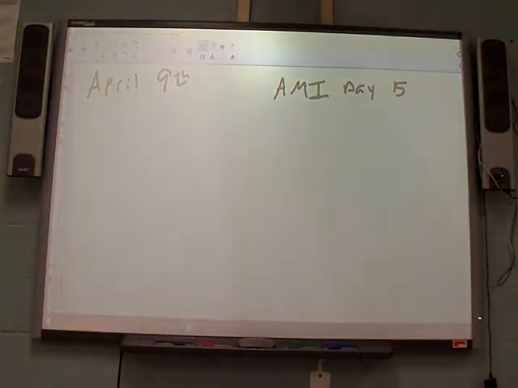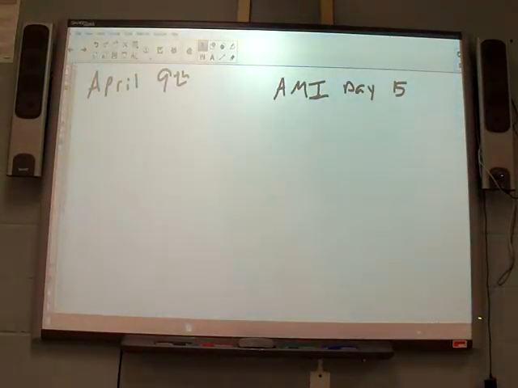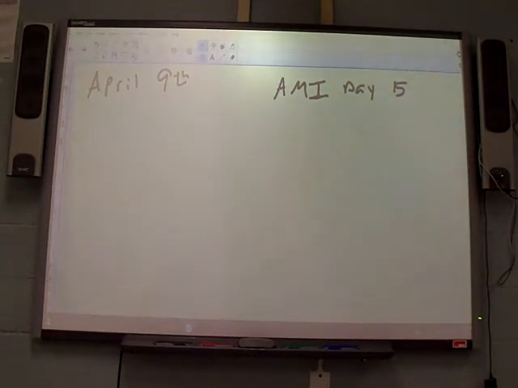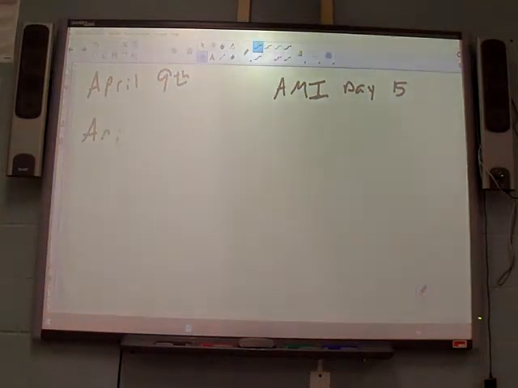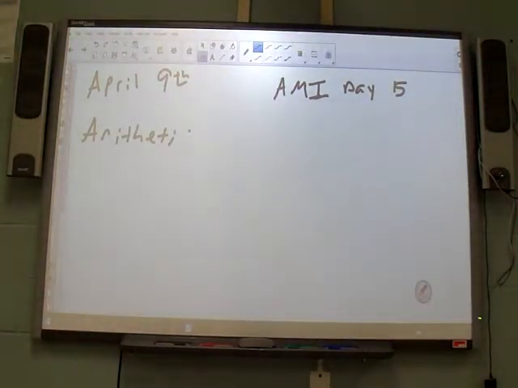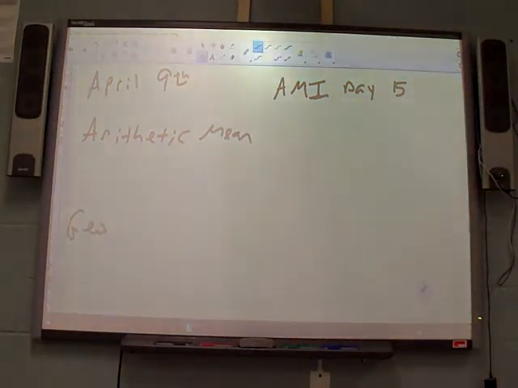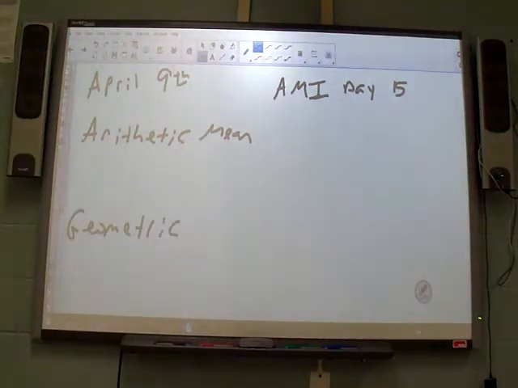Still in the sequence and series unit, but it takes a little bit of a turn into mean, M-E-A-N, the average. What we're going to learn today is how to find both the arithmetic mean and the geometric mean.